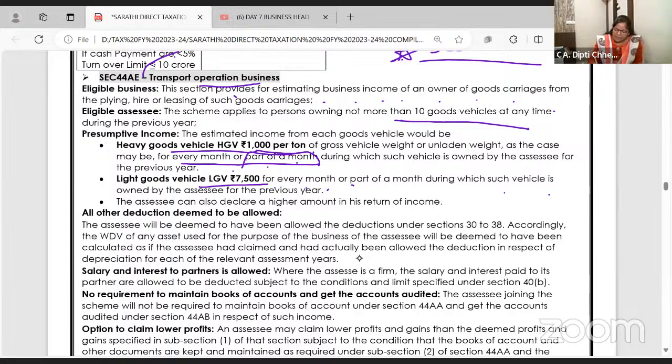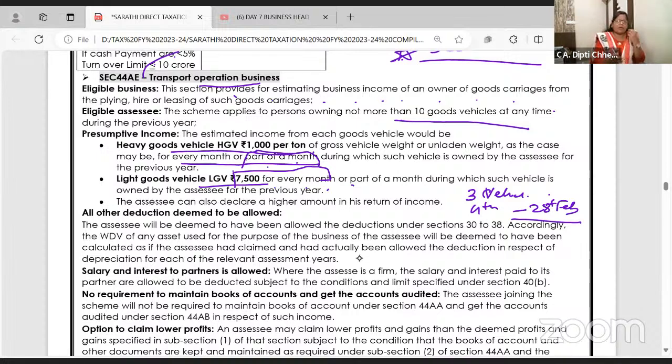Now, what do you mean by part of the month? Suppose I had three light goods vehicles, and the fourth one I purchased on 28th of February. So I will take income 7500 per month for February also, for March also.